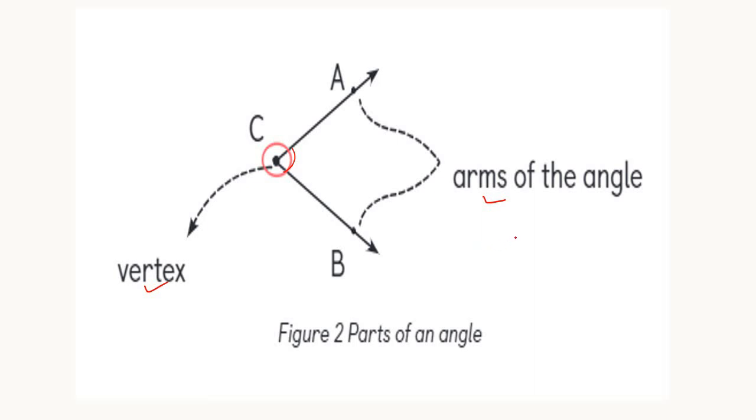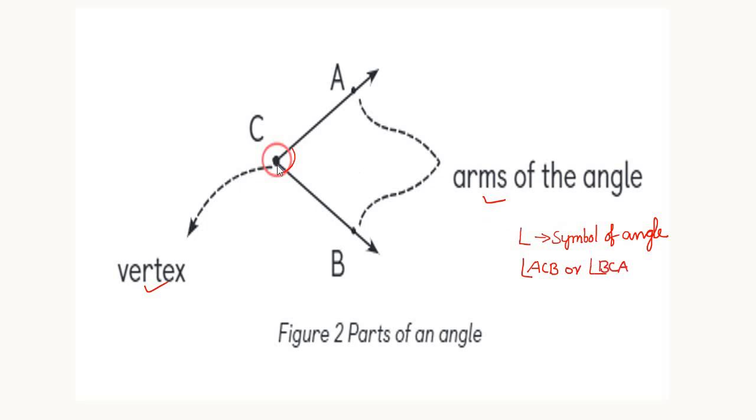And what is the symbol of angle? Yes, this is the symbol of angle. So, the angle in the image can be written as angle ACB or angle BCA.